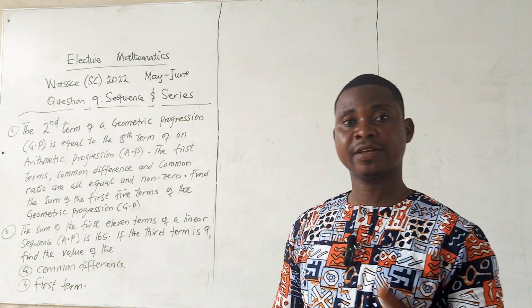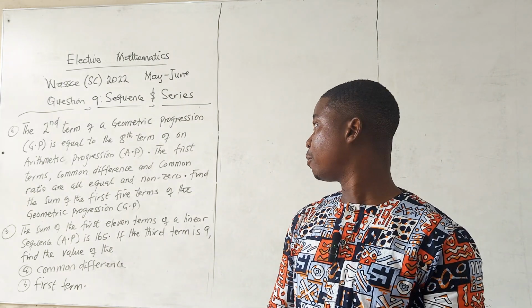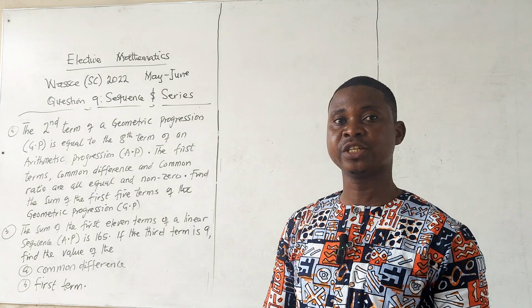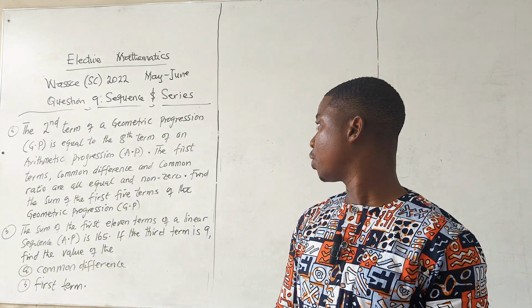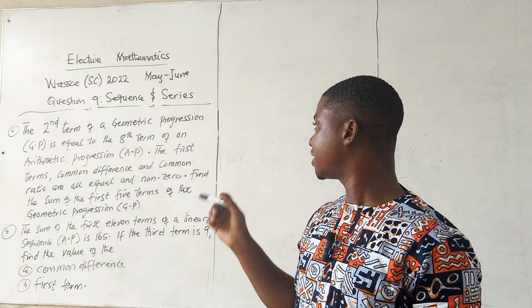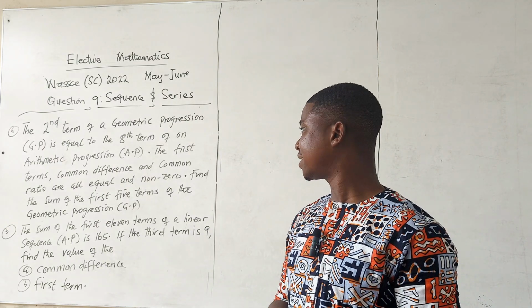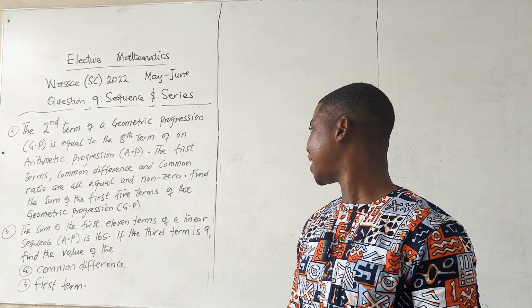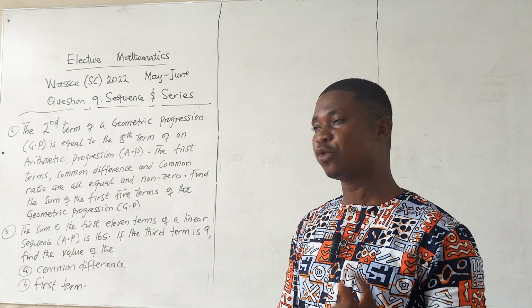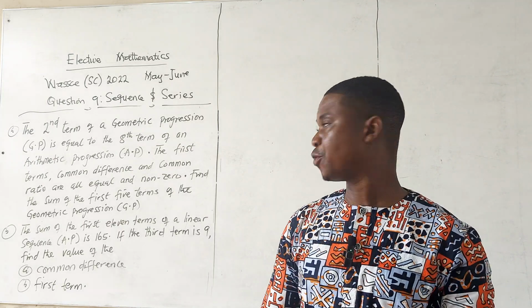The question is: A. The second term of a geometric progression (GP) is equal to the 8th term of an arithmetic progression (AP). The first term, common difference, and common ratio are all equal and non-zero.